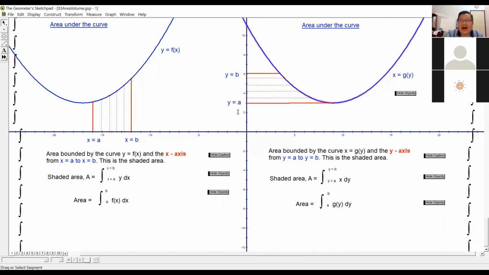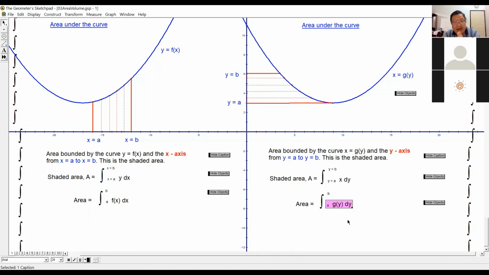Now if you want to find the area between the curve and the y-axis, everything has to be expressed in terms of y. With the y-axis, everything is y. First of all, the function must be in terms of y.